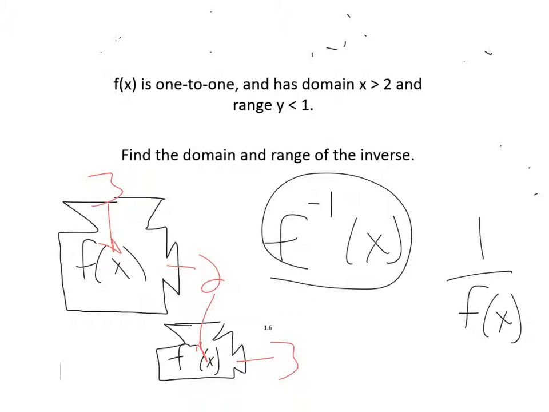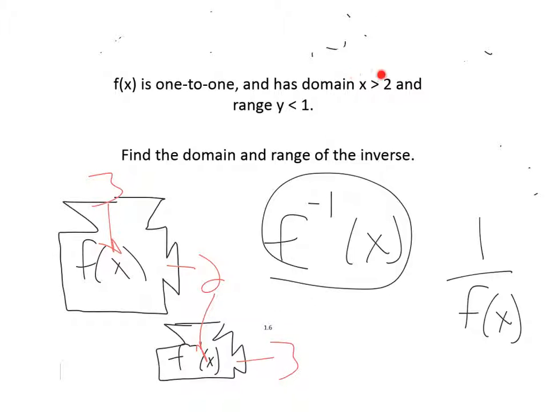So what's happening is the old x becomes the new y. The new y becomes the old x, the old input. So the output becomes the input. The input becomes the output. I know it's a little confusing.